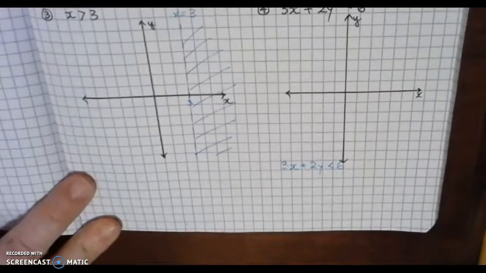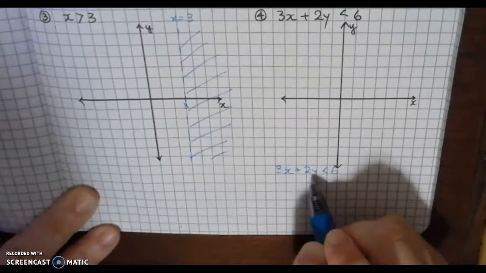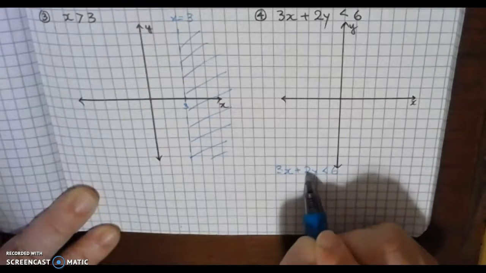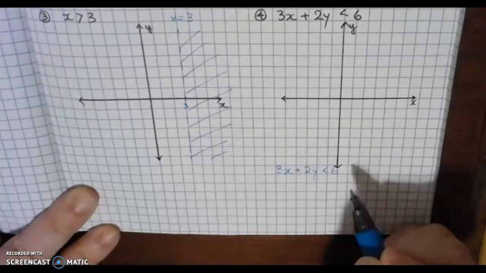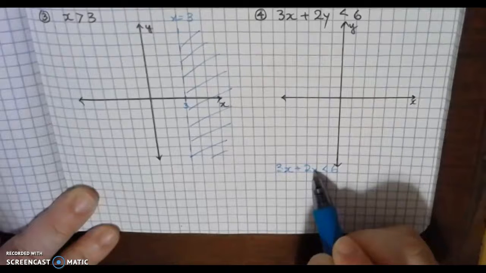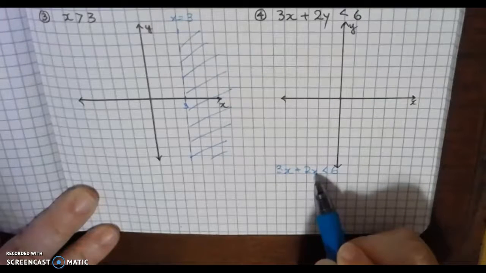So from here, I am going to see what do I need to get rid of to get y is equal to something. I need to get rid of 2 as well as 3x. What do I need to get rid of first? Remember, 2 is being multiplied to y, while 3x is being added to y.